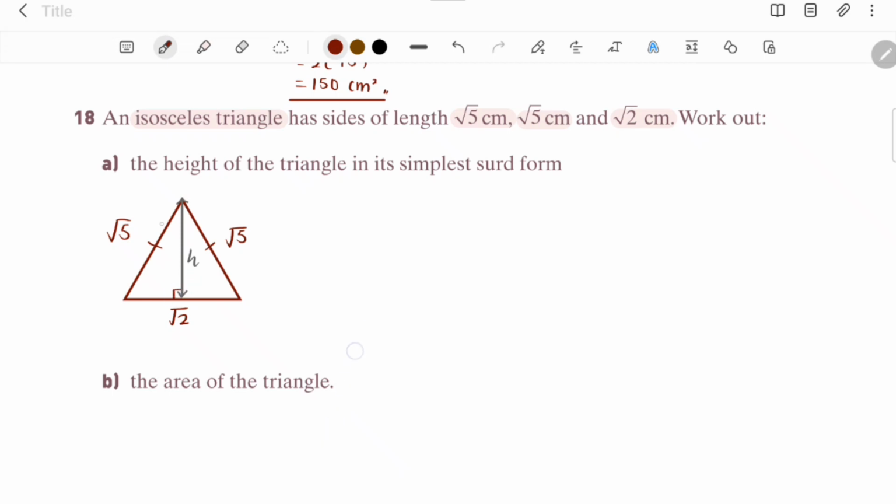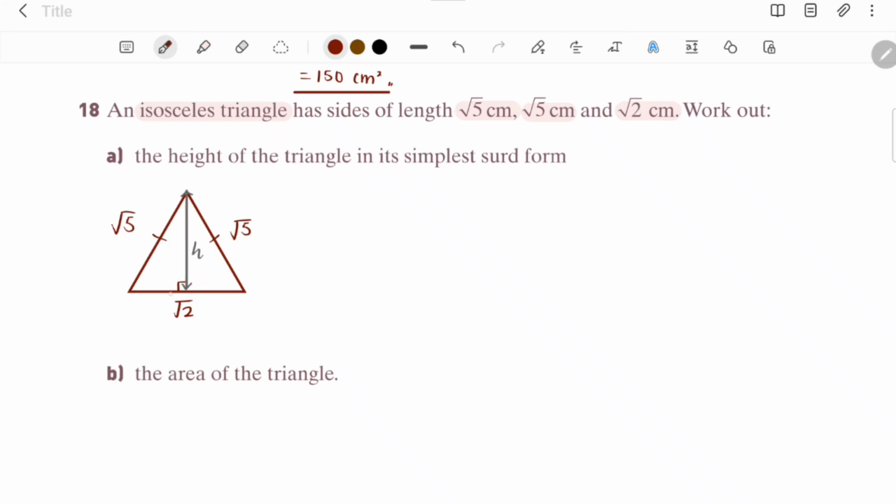The hypotenuse in this case is surd 5. And then if we make it as half, so this one should be surd 5, right angle. This one is the height. And this one is surd 2 divided by 2.